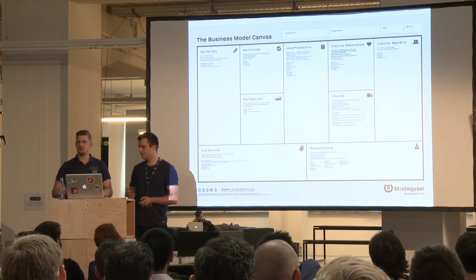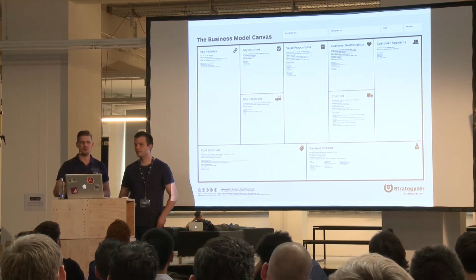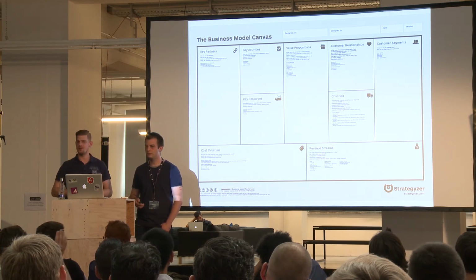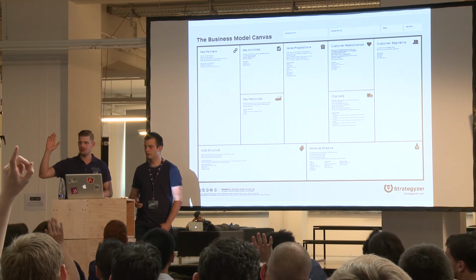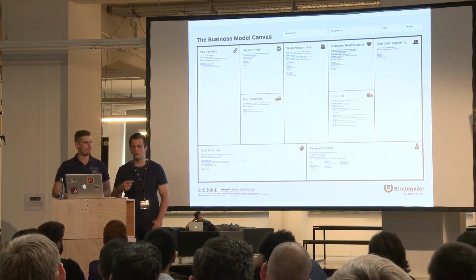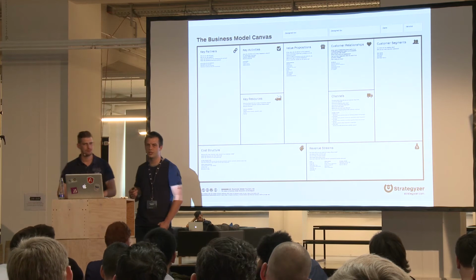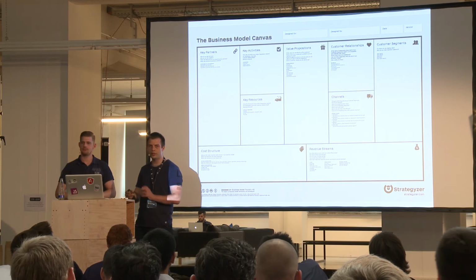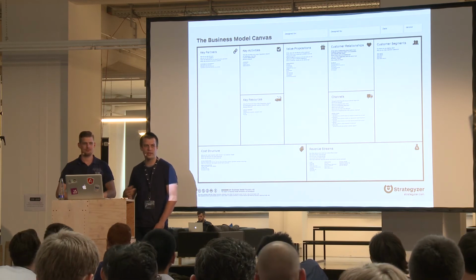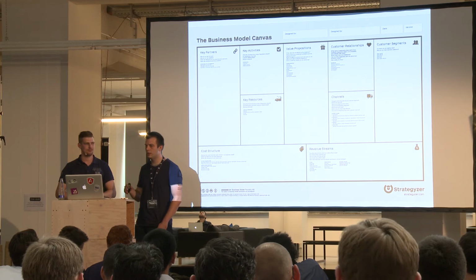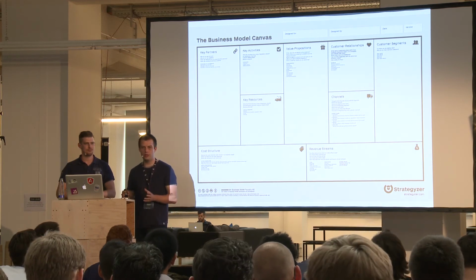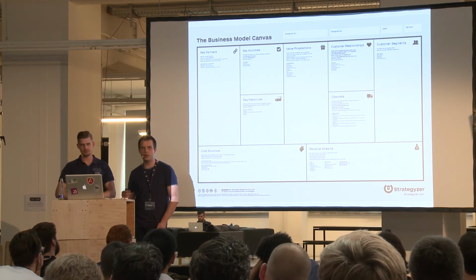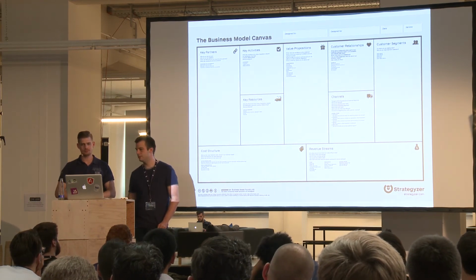Sorry for the interruption. For my own interest, who knows the business model canvas or lean model canvas? Who had some experience with it? So this is just some sort of business plan for startups, which is lightweight, not a book of 150 pages that you take to the bank. It's just about what your company should be about, how you plan to earn money, and how you target your audience.